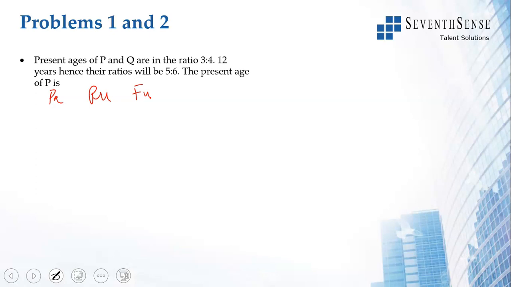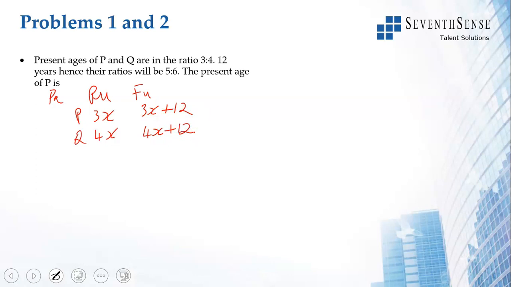Present ages of P and Q are in the ratio 3:4. So P is presently 3x, Q is 4x. 12 years hence, which means 12 years in the future, P will be 3x plus 12 and Q will be 4x plus 12.